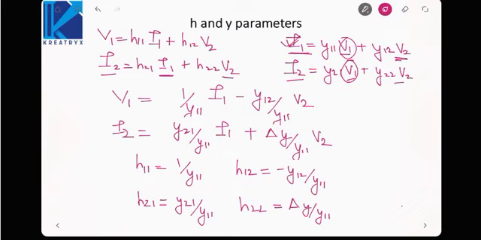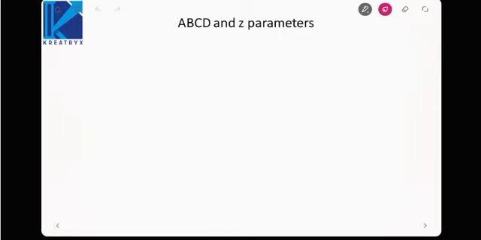Next, let us derive the transmission parameters in terms of Z parameters. Now, the relation in terms of transmission parameters is V1 is equal to A V2 plus B times minus I2, and I1 is equal to C V2 plus D times minus I2.